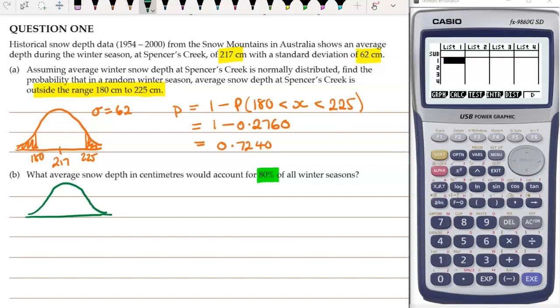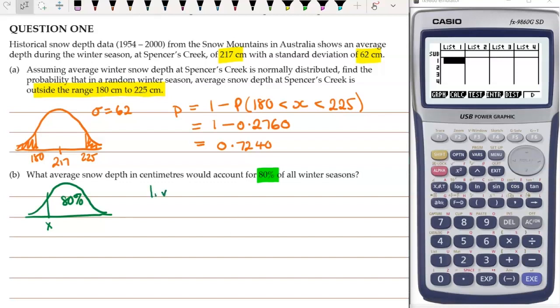So we have our curve. We've got some number here where we want 80% of our winter seasons would hit that average or higher. So that's how we're interpreting this question, to say that this number would account for the average for those winter seasons. Because if they were more than that number, then we'd say, yes, they had met that average snow depth.